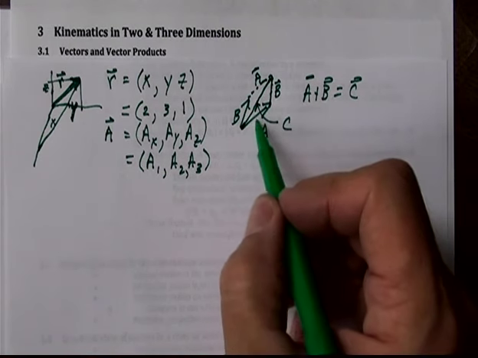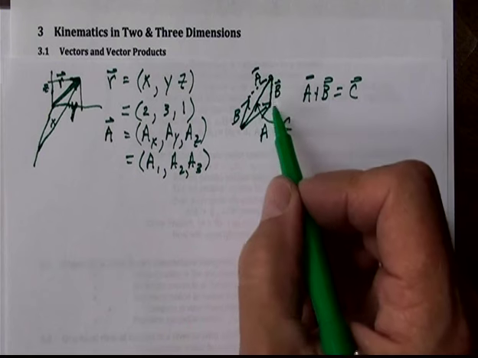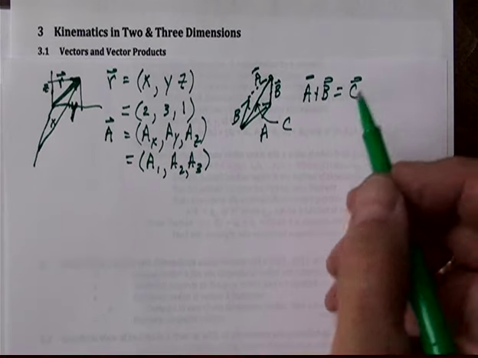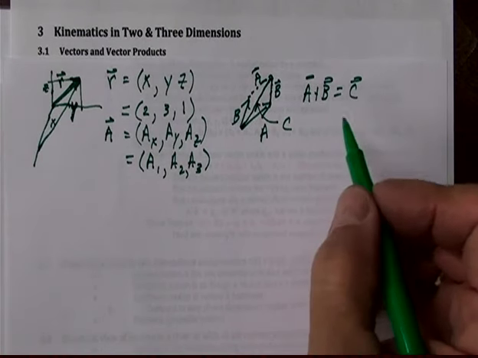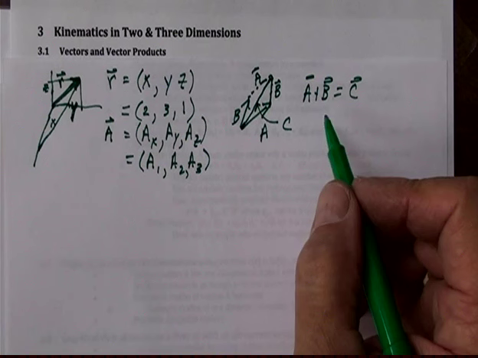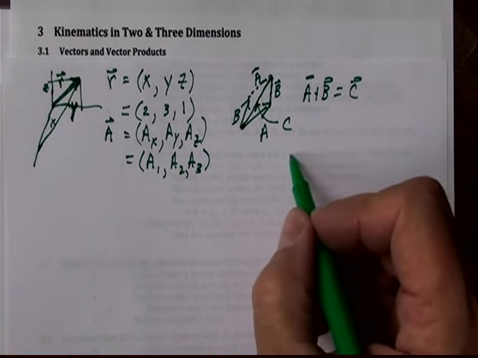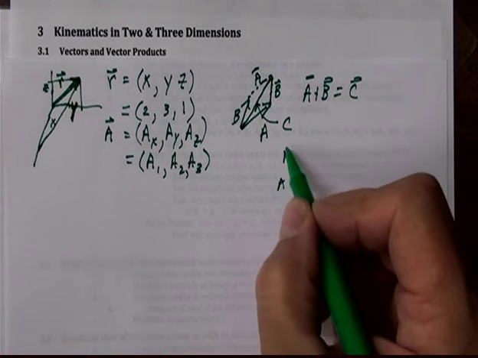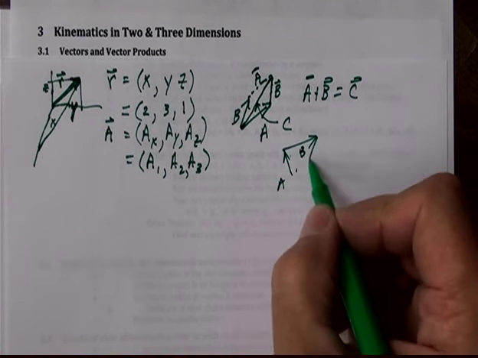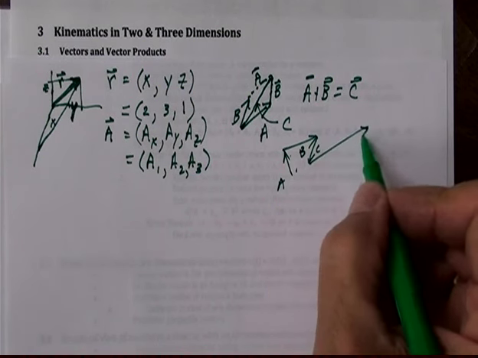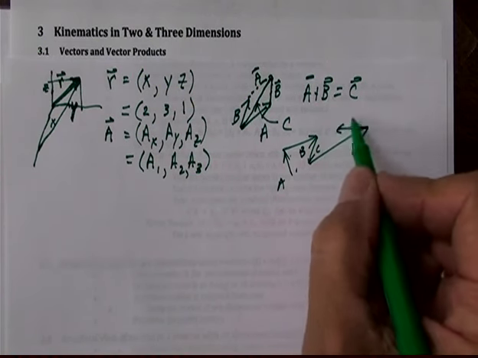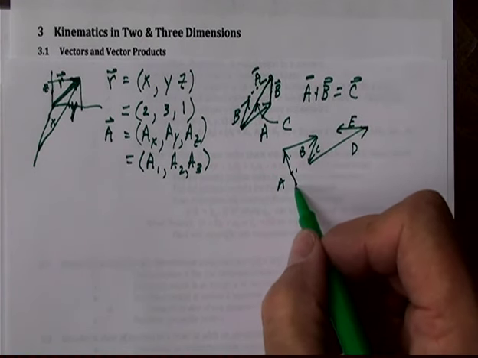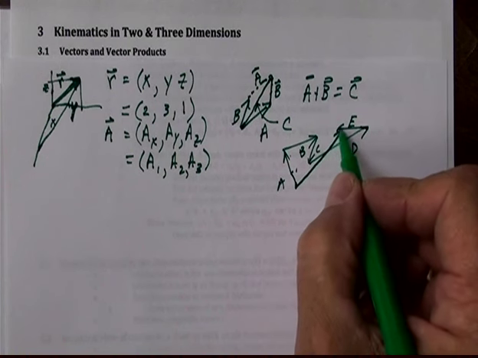Well, an easier way to think of that is to think, when I add two vectors, I just put the second one at the end of the first one. And if I have several of them, I put the first, then the second at the end of the first, the third at the end of the second, and so forth like that. So for example, if I have multiple vectors, like a, I'm going to add a vector b, then add a vector c to that, then add a vector d to that, and a vector e to that, then the final vector would be the vector that goes from here to here.